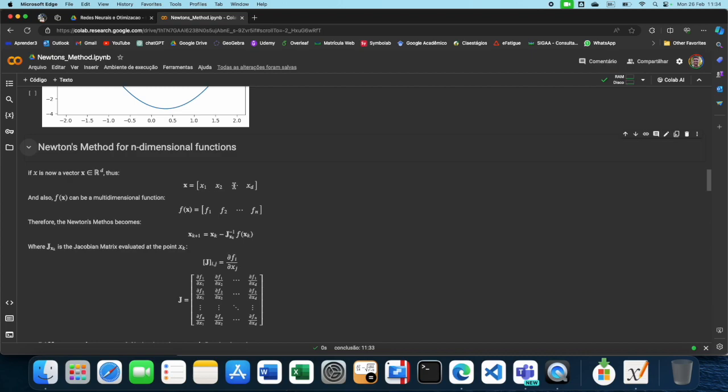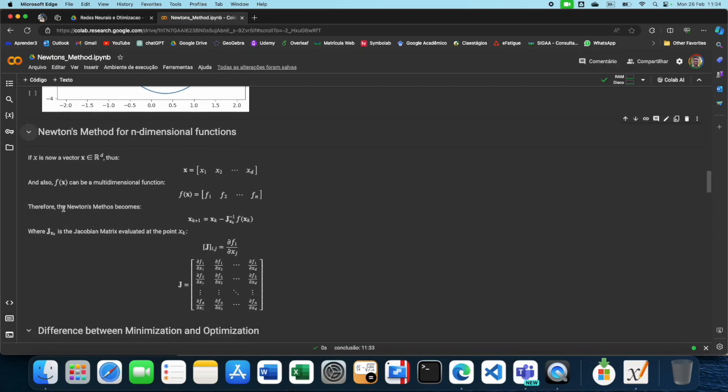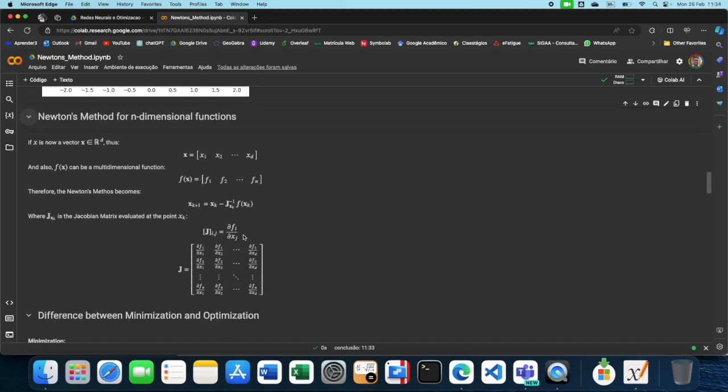Imagine that x is a vector and f is a multidimensional function. Therefore, Newton's method becomes this one. It's the same thing. We are updating our first estimate by doing a subtraction of this product right here. And what is this J right here?